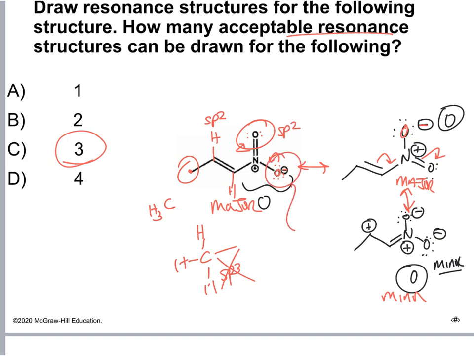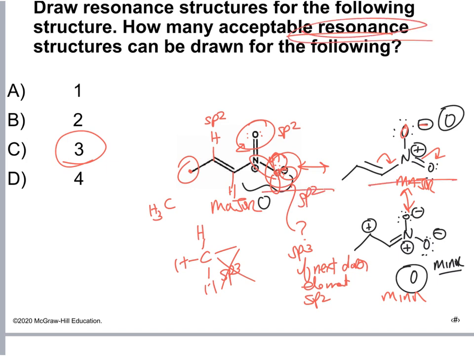What is this hybridization? Well, you count things. 1, 2, 3, 4. So you might want to call that sp3, but if your next door neighbor element is an sp2 and you have lone pairs, then it's going to be sp2 because it can participate in resonance, and resonance always wins.